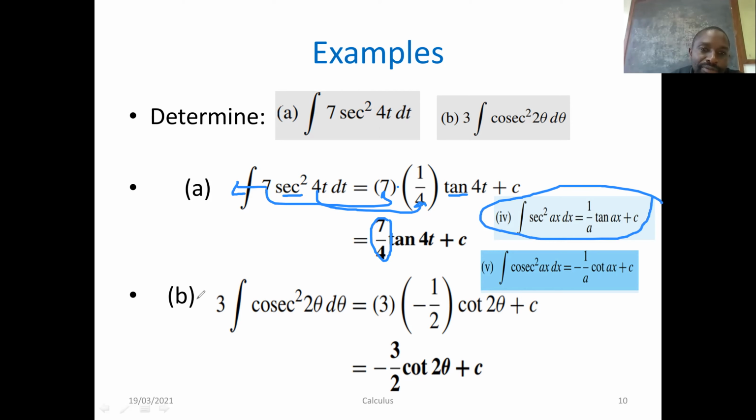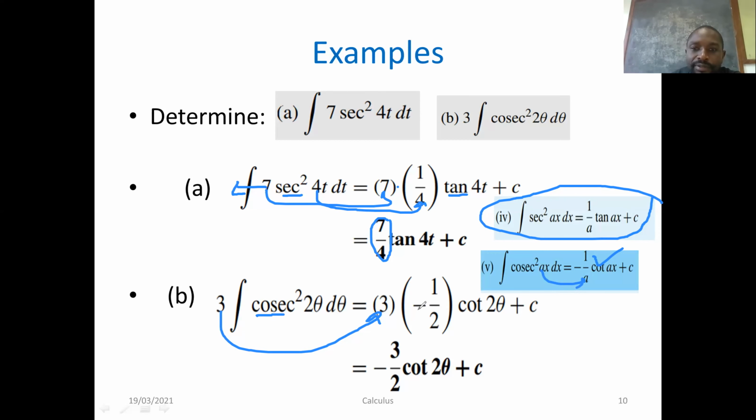The next example, which is 3 integral cosec squared 2 theta d theta. What you will notice here is that this 3 is already outside. Therefore, when we do the integral, it remains outside. But the integral of cosec squared, according to the standard here, cosec squared ax dx is minus 1 over a cot ax, where the a is coming from there.